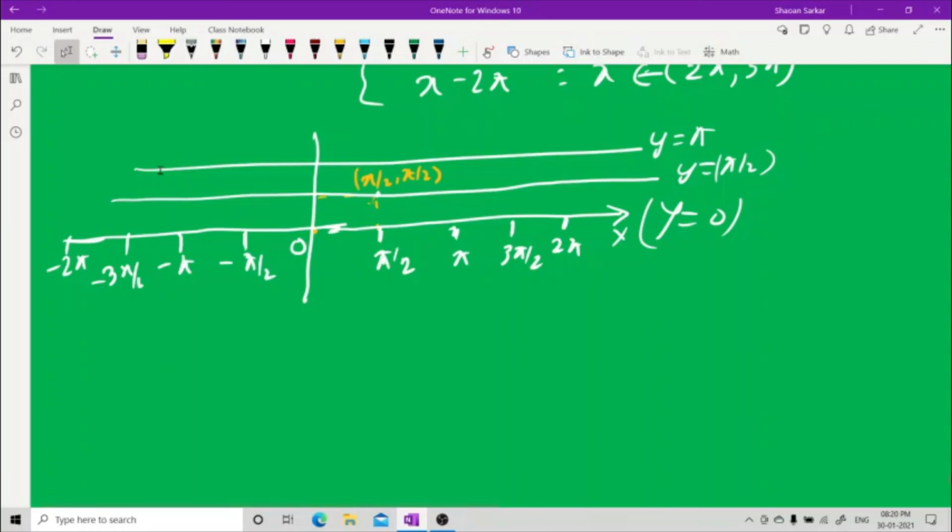Because now you write, use this equation: tan x equal to tan y.